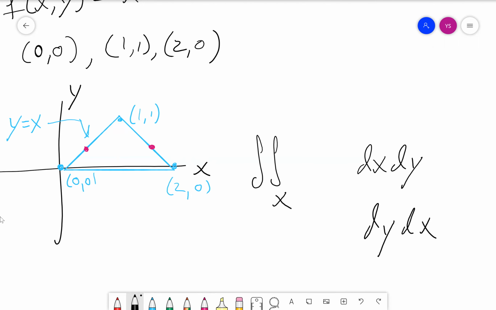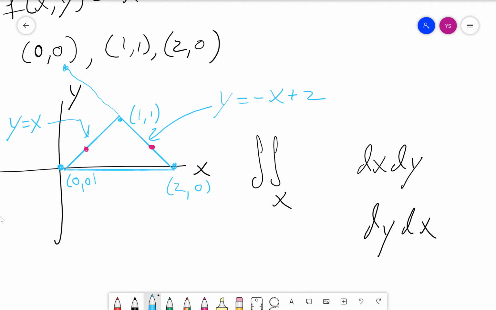Okay, what's the upper bound of this? So we're going up until this line. What would that be? There is a minus x, but also the intercept is a bit different. So y is equal to minus x plus 2.